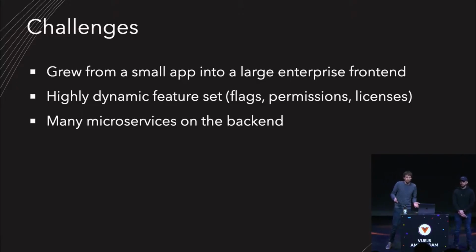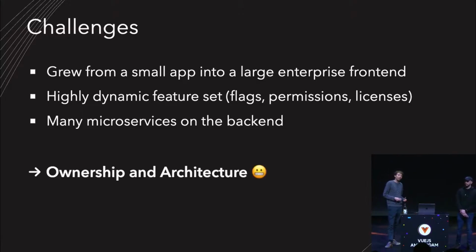With all of this, and nowadays multiple teams working on the same code base, ownership and architecture get a bit tricky. And this is what we are currently facing and trying to improve with a feature slice design inspired architecture. But after hearing Jakob's nice talk yesterday, and also speaking to Daniel, I think we will look into Nuxt modules and also Nuxt layers again and again.